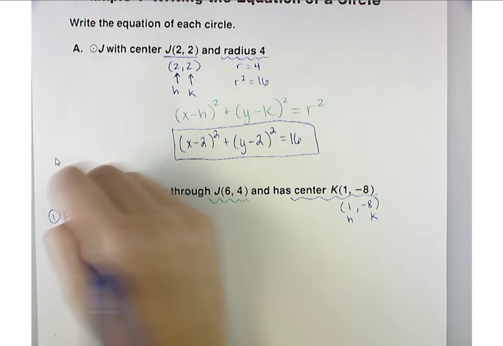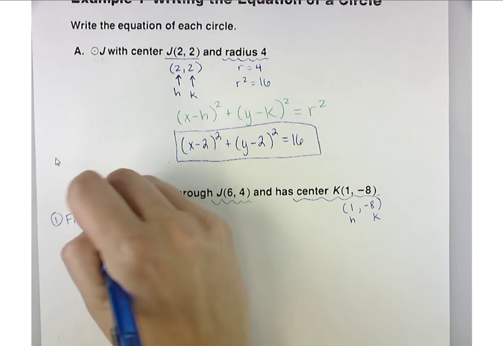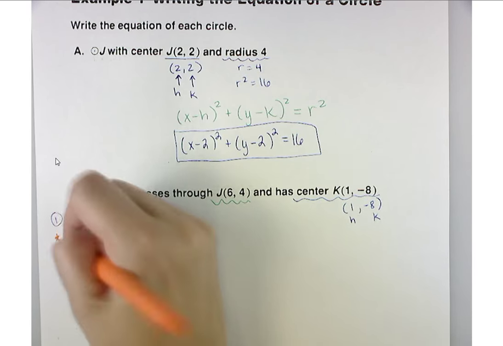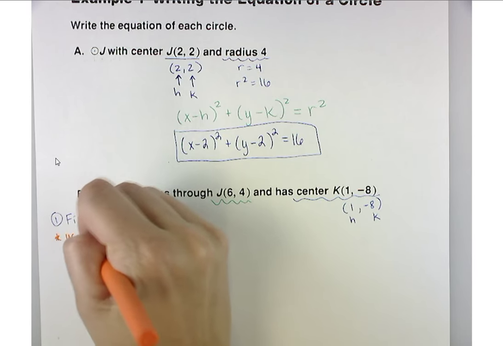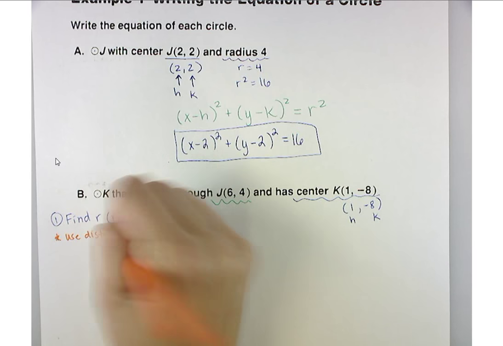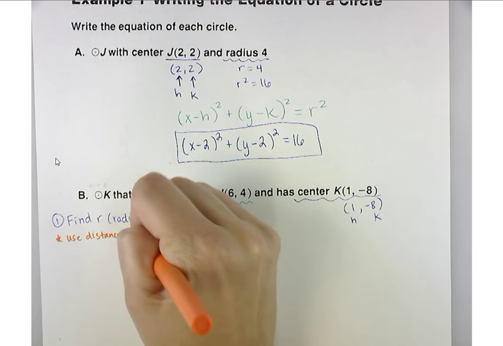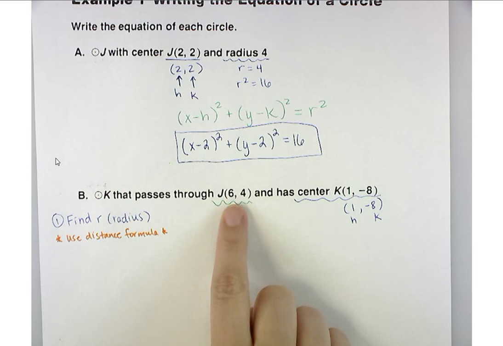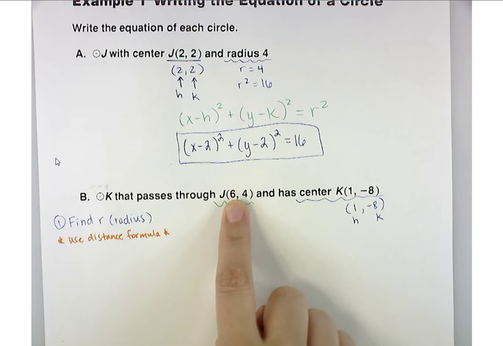So the first thing we're going to do is find r, which is the radius. And we're going to use the distance formula. Okay, so if circle K passes through this point, it means that this point is on the circle.